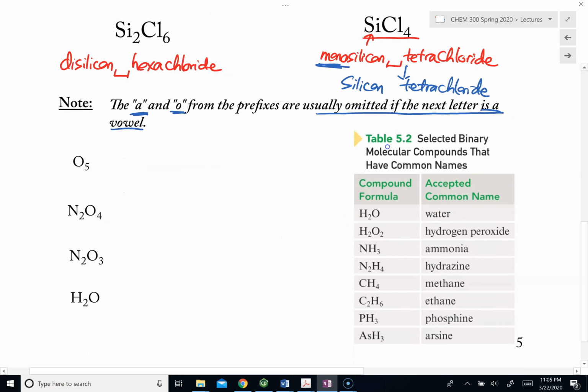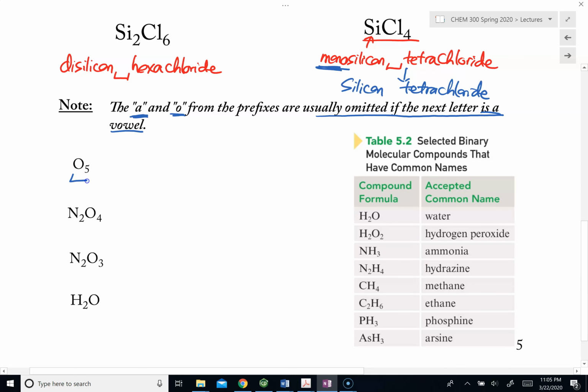For example, if O5 is part of the name of a molecular compound, rather than naming this as pentaoxide, it is simply pentoxide. So again, the A is omitted, followed by oxide. Pentoxide rather than pentaoxide. In this case, the A is omitted because the next letter of the name is an O.